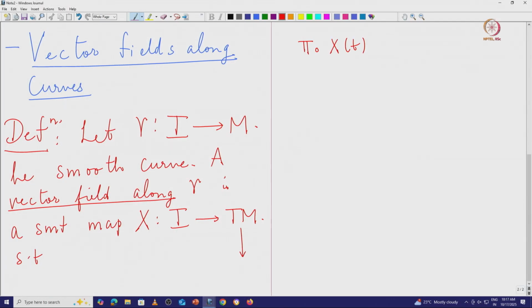Remember there is a natural projection map pi from the tangent bundle to M. Equivalently, all that it says is that x of t should be a tangent vector at gamma of t.